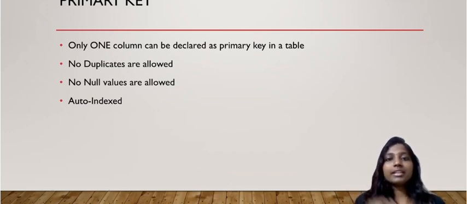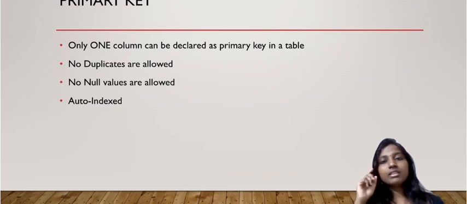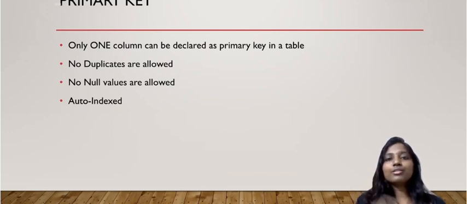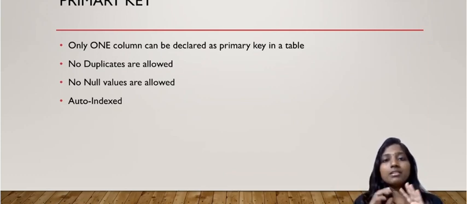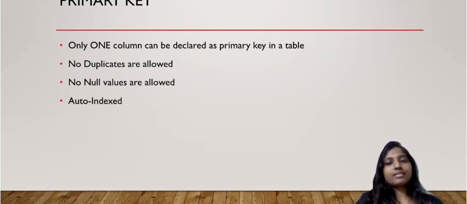Indexing is nothing but marking it as important, so that whenever there is a query related to this primary key, it will give the result to you quickly. So there are 4 important points: only one column is allowed to be a primary key in the table, no duplicates are allowed, no null values are allowed, and automatically it will mark that column as important, auto indexed.